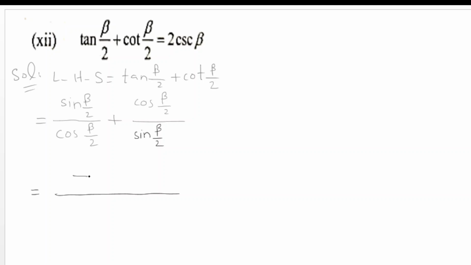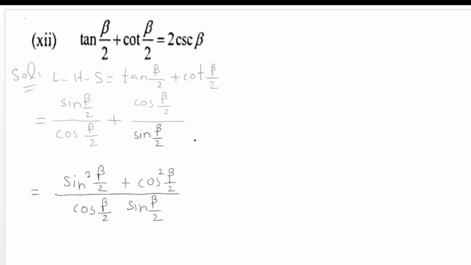So what's the LCM over here? Cos beta by 2 and then sine beta by 2. Now see, this cos beta will cancel, sine beta will multiply with the upper, so that's going to be sine square beta by 2 here plus, sine will cancel and then cos will multiply, cos square beta by 2.